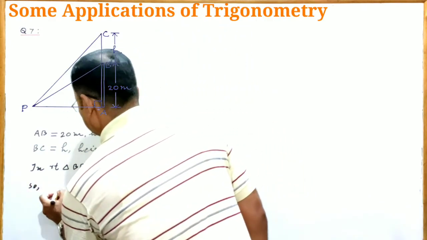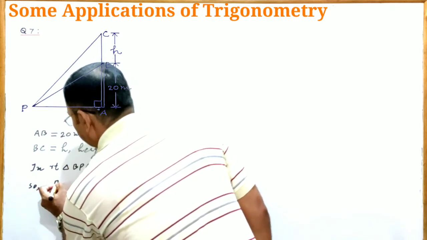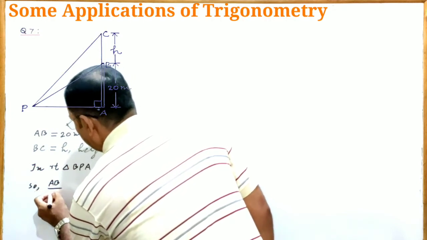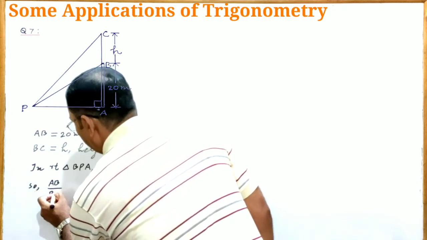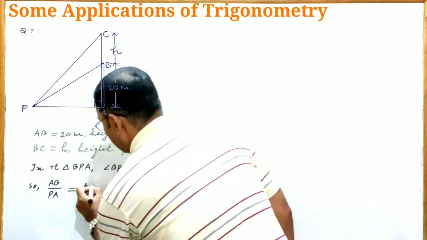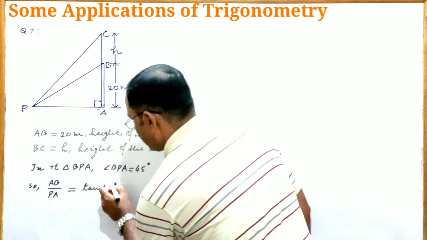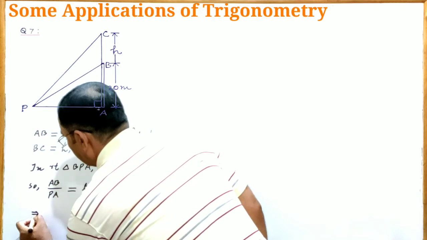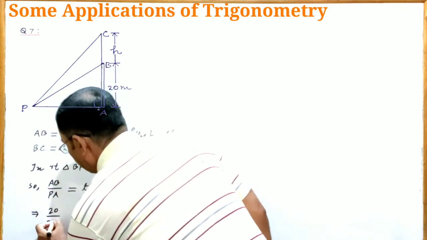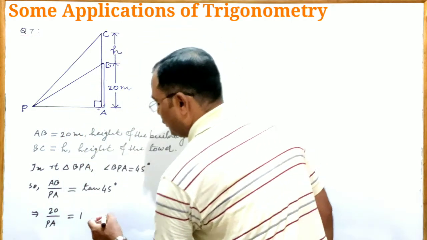So AB by PA is equal to tan 45 degrees. AB is given 20 meter, so 20 by PA is equal to tan 45 degrees value 1.